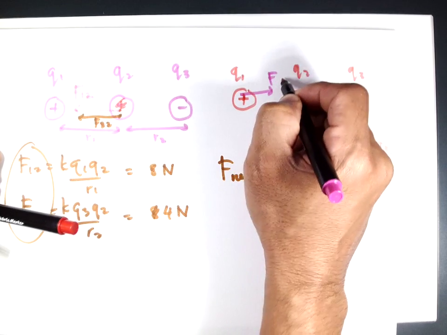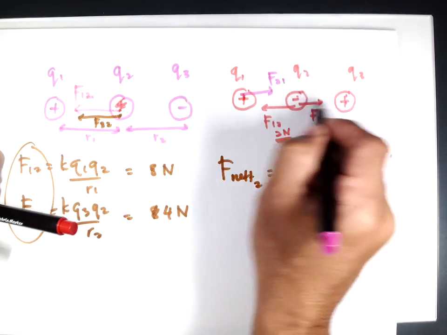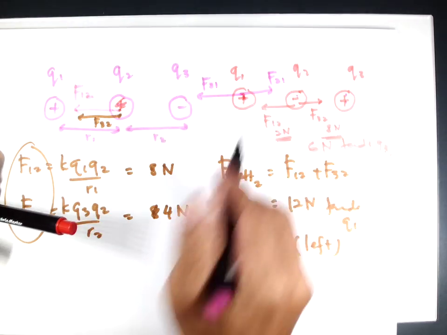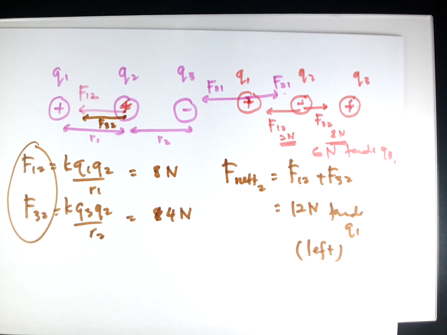This is F21. Then Q3 acts on Q1, positive and positive repel. So F31. Now look at the values. Whichever is stronger wins. Your answer must have a magnitude, how many newtons, and the direction: to the right, to the left, towards or away. Okay, you follow me?